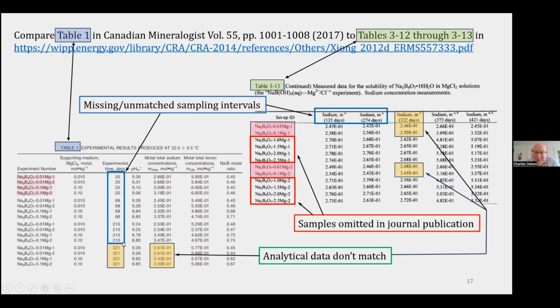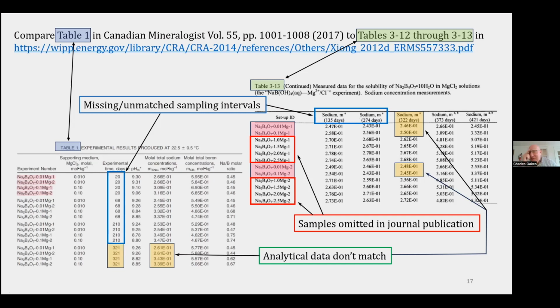Last time I checked, 274 lay between 210 and 321. Why isn't it there? And what happened to all these early stage intervals? They're not here at all. So the first look at this is that the sampling days don't match up.